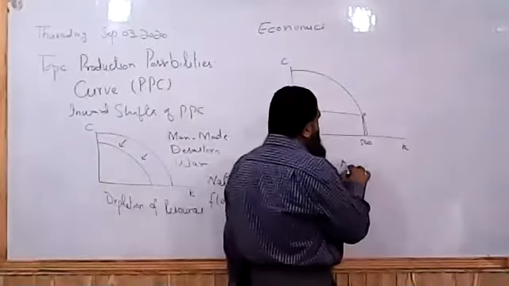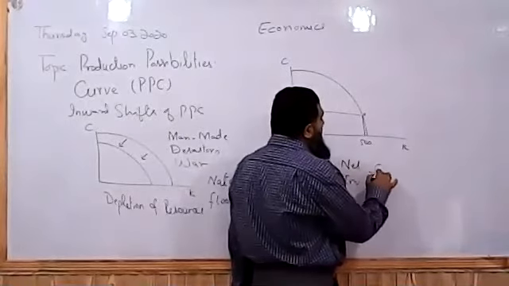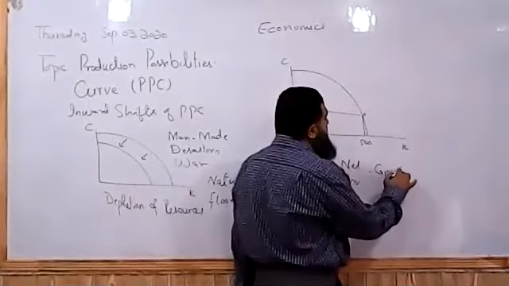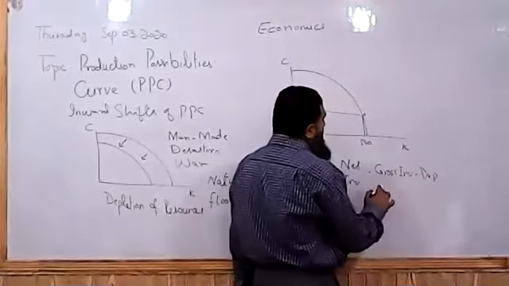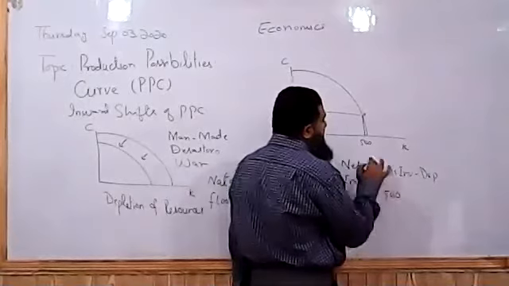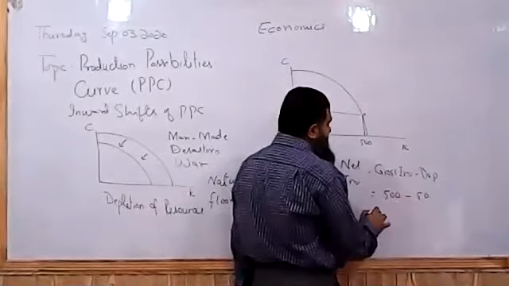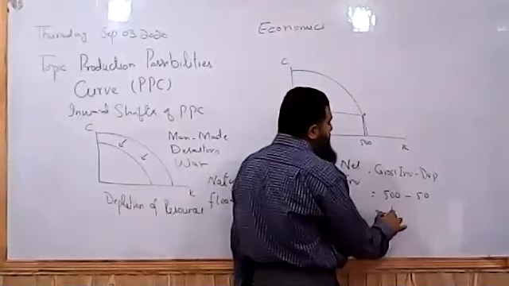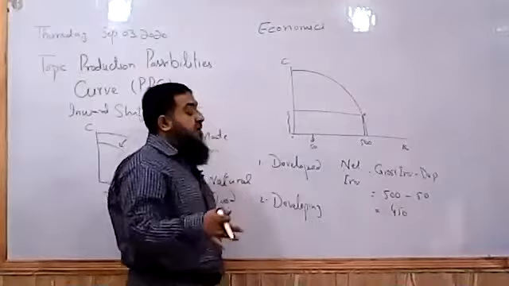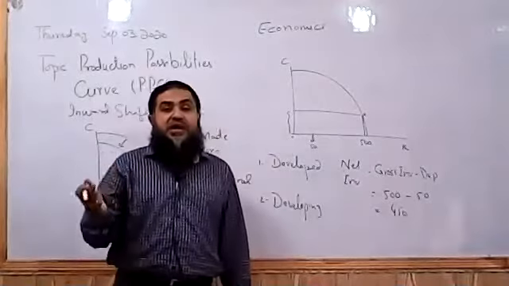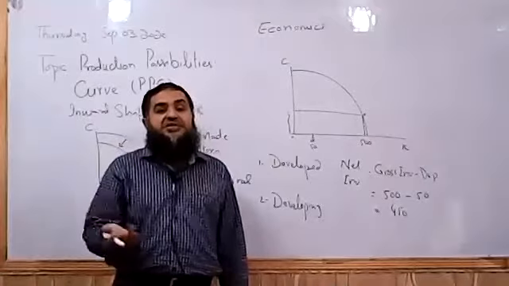So its net investment is what? Gross investment minus depreciation. At the gross level, it is producing 500 capital goods and 50 have been depreciated. So it's able to produce 450 capital goods. So it means its man-made resource is now accumulating. Its potential to produce more goods in the future will be increasing.